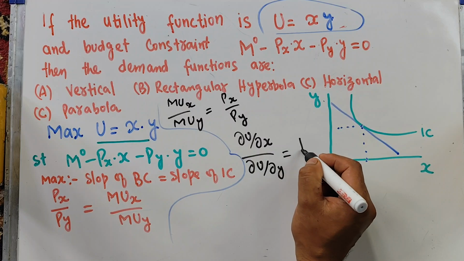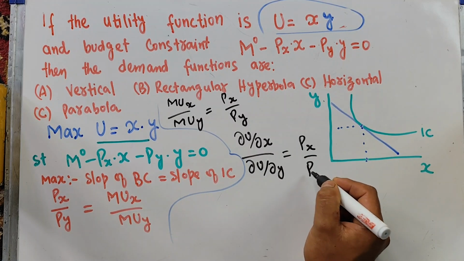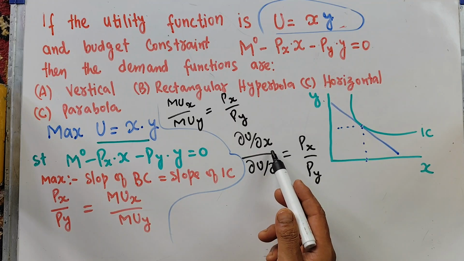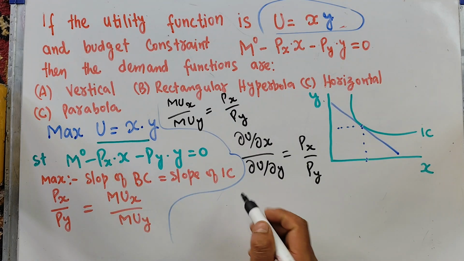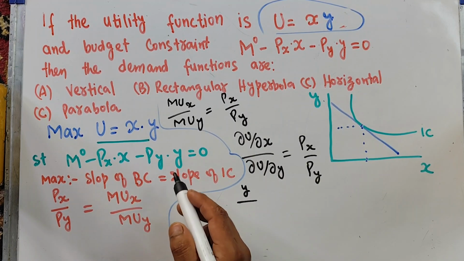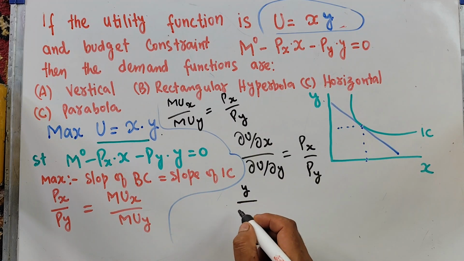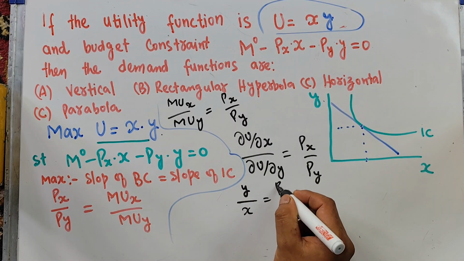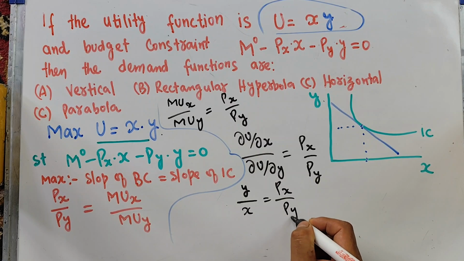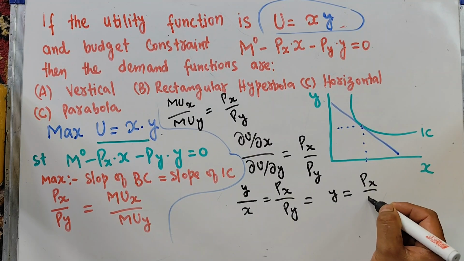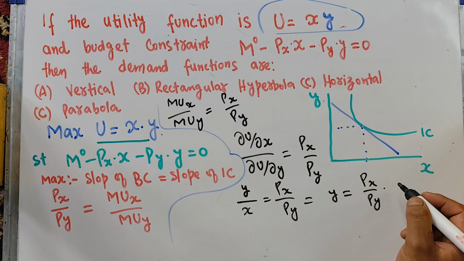Differentiating this function with respect to x partially, the first derivative of x is 1, so we are left with y. Similarly, du upon dy, the derivative with respect to y, leaves us with x only, should be equal to price of x upon price of y. Solving for y, y will be equal to price of x upon price of y times x.